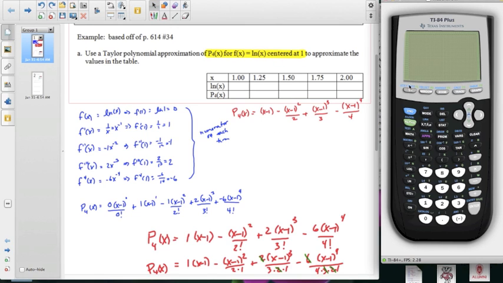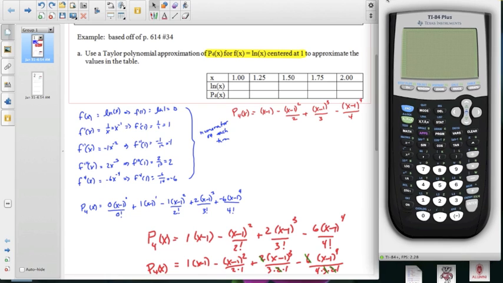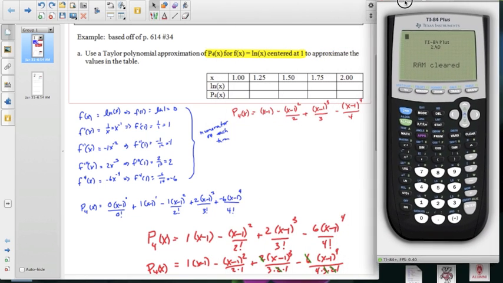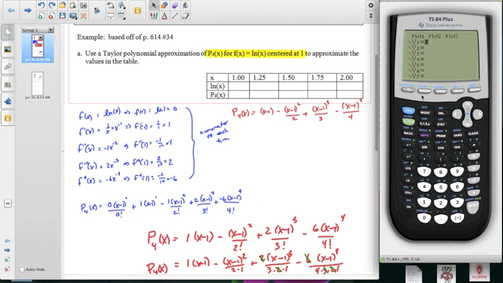And so if we look at this on the graphing calculator, here's our natural log of x. So there's our natural log of x graph. I'm going to go ahead and put the polynomial approximation below that.